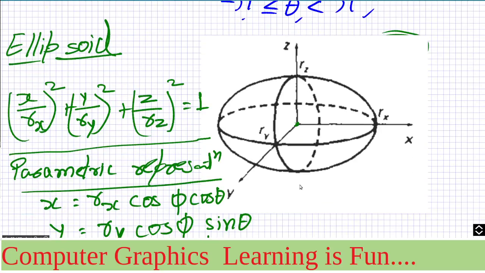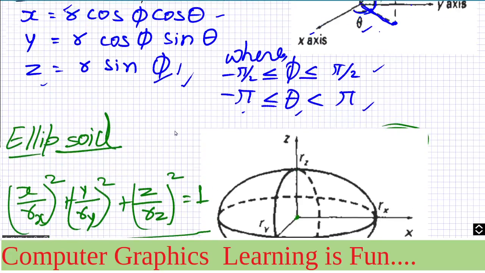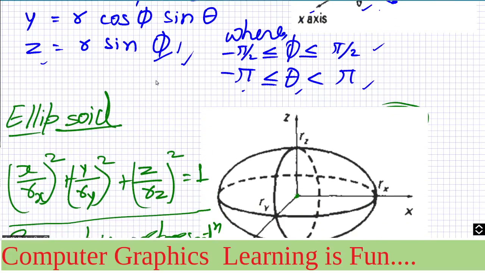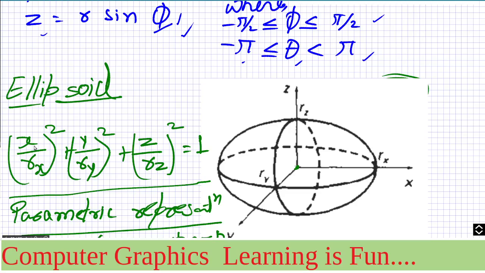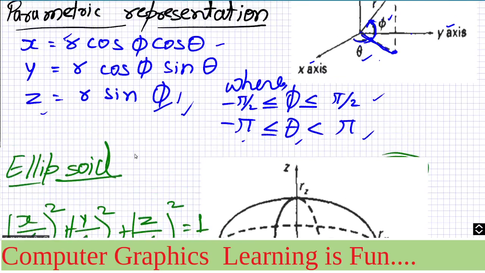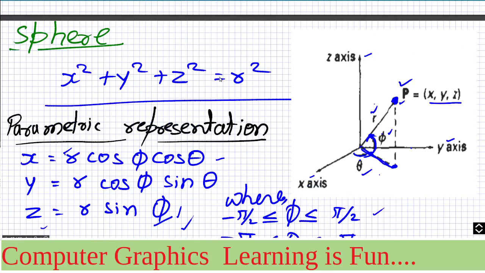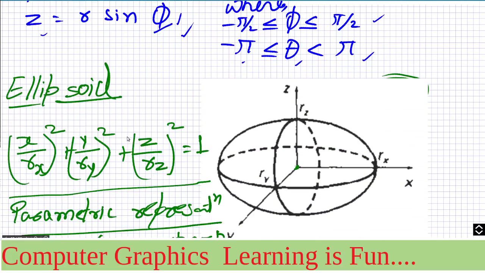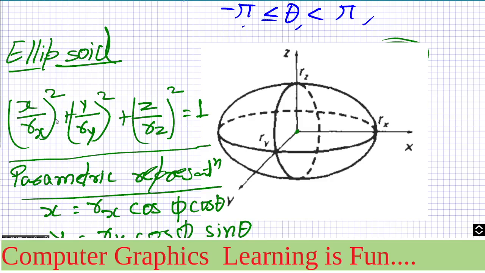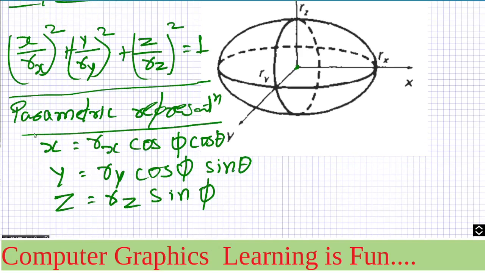Ellipsoid is also a similar thing. The equation is similar, the difference between a sphere and an ellipsoid is that earlier it was x square directly, here we are writing something different. Earlier r square was the same for all of them, right? But now the radius is different in all the directions. So x upon rx square, y upon ry square, z upon rz square is equal to 1.